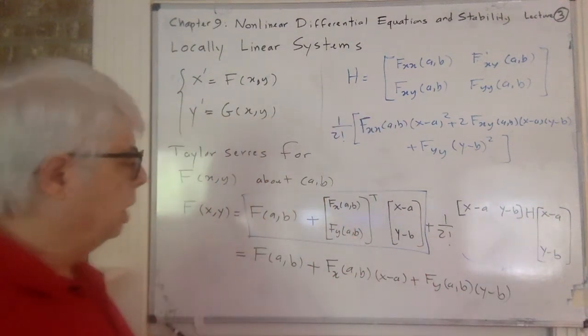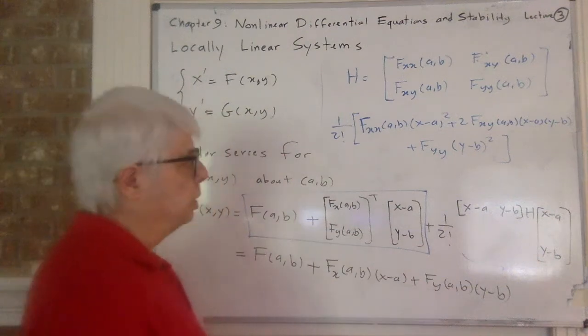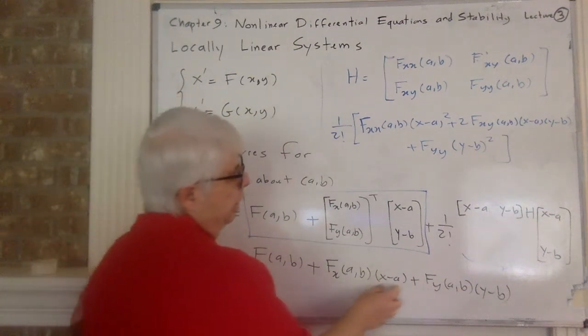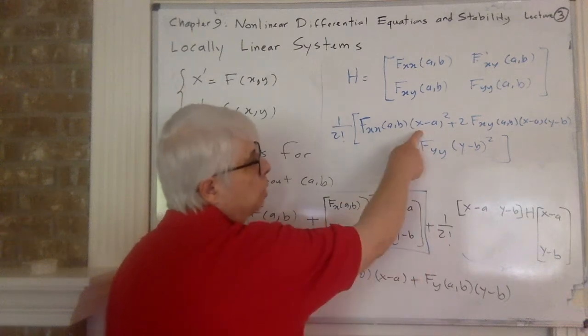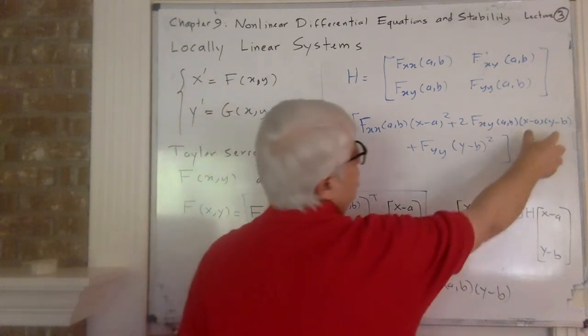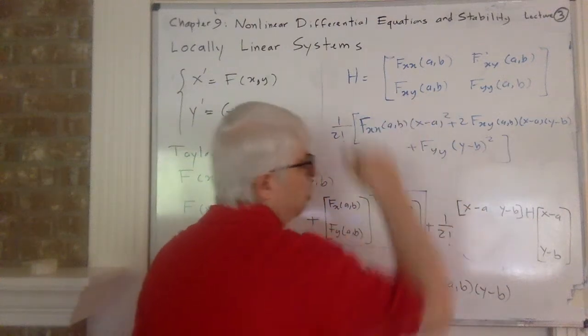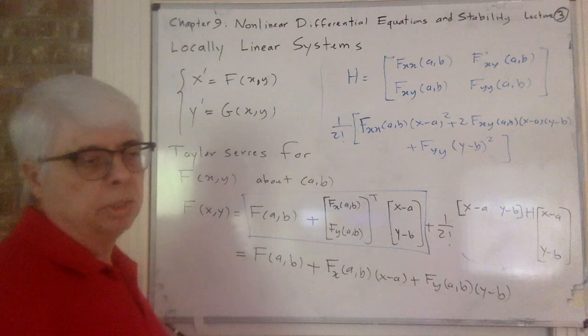So that is the linear term, and that is the quadratic term. If x minus a is 10 to the power minus 20, this is 10 to the power minus 40. If this is also 10 to the power minus 20, this is 10 to the power minus 40. Compared to this one, in fact, you're even dividing this by 2.